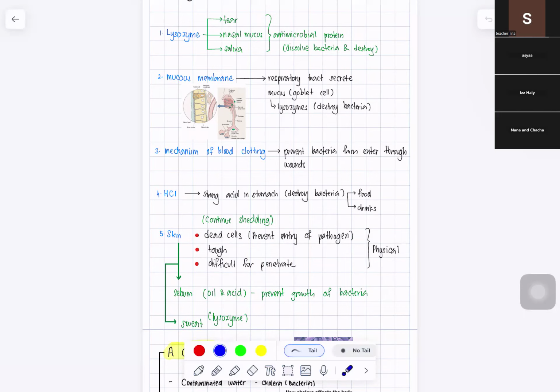What is the function of lysozyme? It dissolves bacteria and destroys them. Okay, to destroy the bacteria. Okay, so skin contains dead cells that prevent the entry of pathogens and is very tough, difficult to penetrate. Okay.